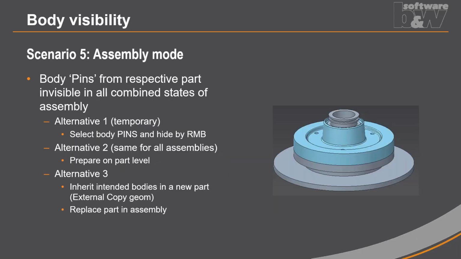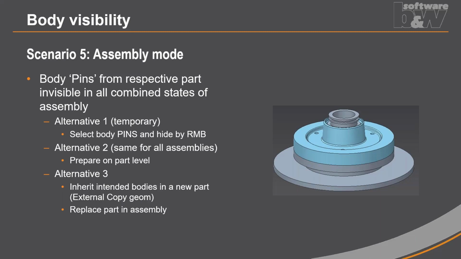And the next one is in assembly mode. And here it gets a little bit more tricky because you can't control a body from assembly level. So you have different alternatives. The first one is a temporary one. You can, through the model tree, for example, select the body pins and hide it with the right mouse button.